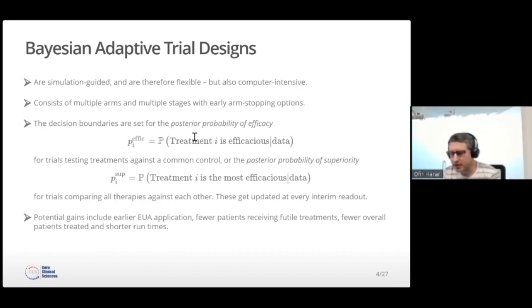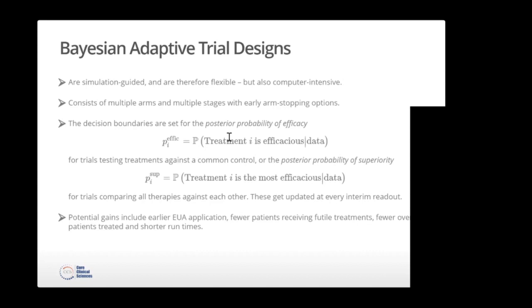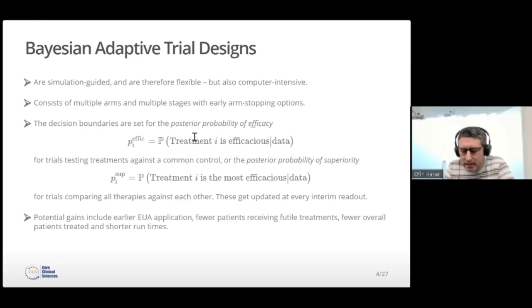A lot of the time, we'll be considering multi-arm, multi-stage types of designs in which we can call the shots or make decisions throughout. And those are the adaptations. That's the adaptive component. For example, we may be testing a bunch of active treatments versus a common control, in which case decisions will take place based on what we call the posterior probability of efficacy.